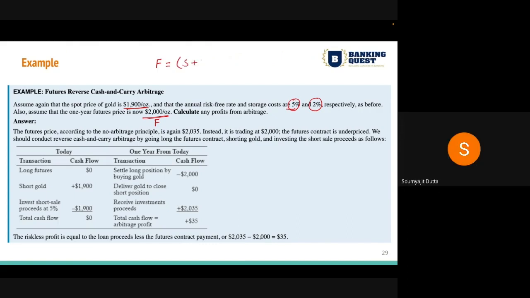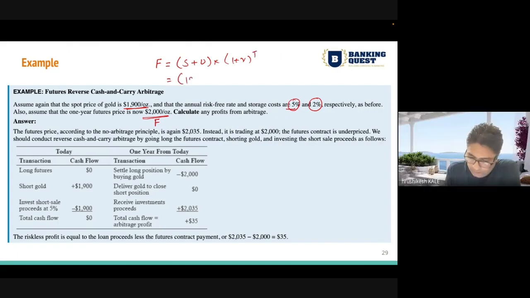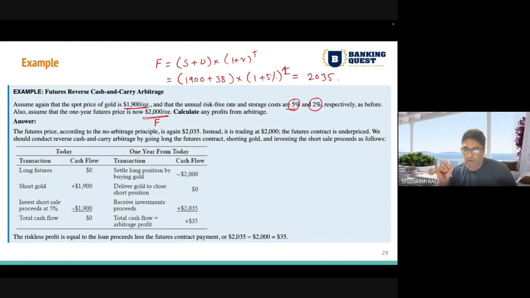S plus U multiplied by (1 plus R) to the power T. So spot is 1900, U is 38, multiplied by 1 plus 5% raised to power 1 year. 2035 is the answer which we got.